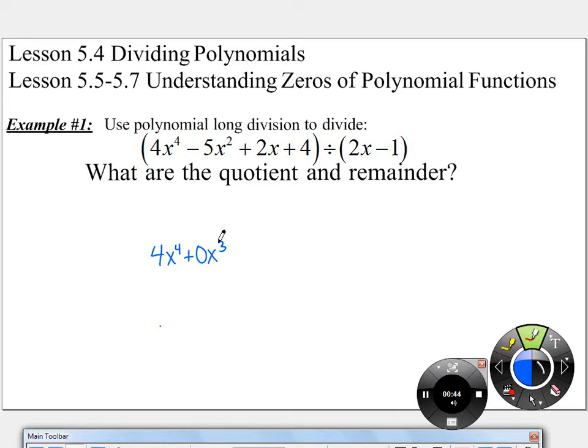The reason is that as I start multiplying things out, even though there wasn't x to the third in the original equation, I may need to line a term up with that or combine like terms. It's just going to help me avoid mistakes so that I don't line something up with the wrong term that it's not like with. And then I'm dividing this by 2x minus 1.